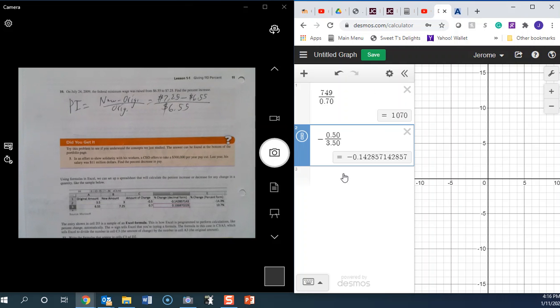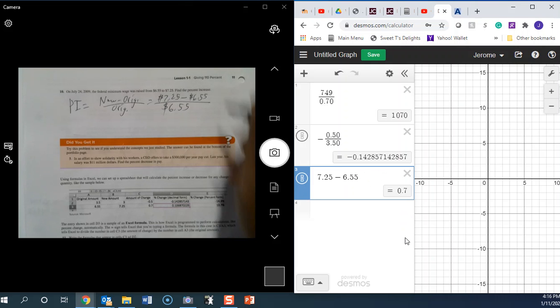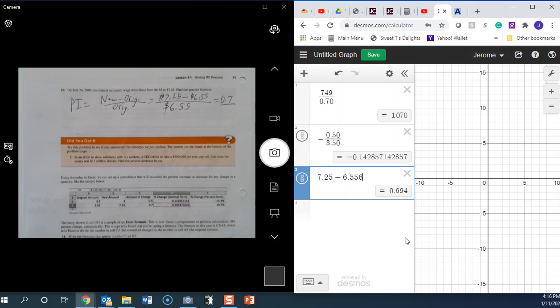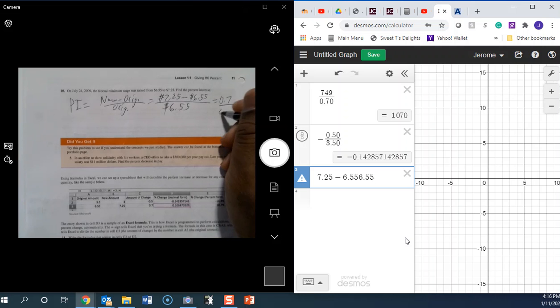Now, we will take the 7.25 minus the 6.55. And that will give us 0.7 in our numerator, divided by 6.55.